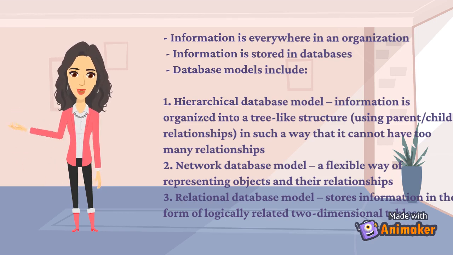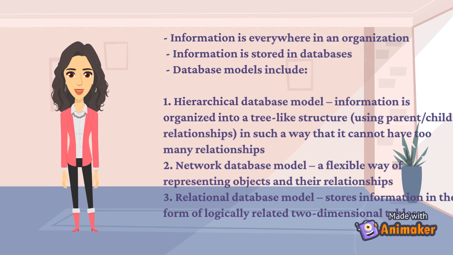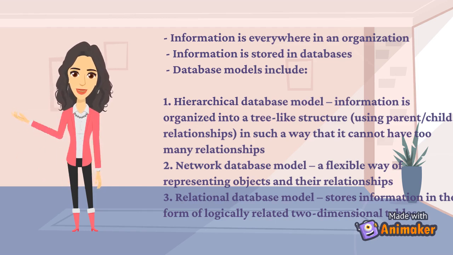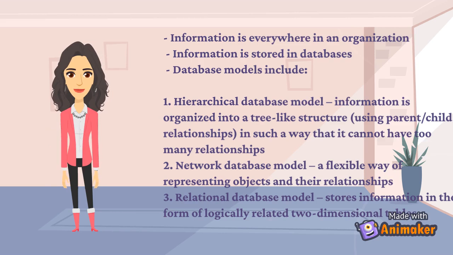Secondly, network database model refers to a flexible way of representing objects and their relationship. And the last one is relational database model, which stores information in the form of logically related two-dimensional tables.